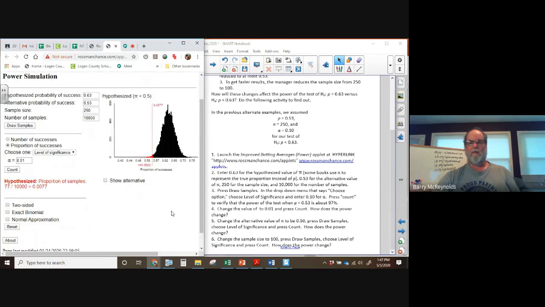So now let's say we want to change the alternate value to be 0.5. We want to make it even lower, not changing anything else.